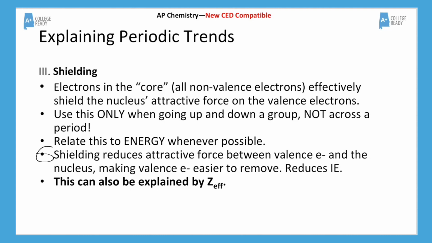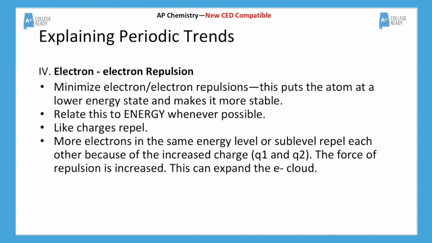In AP questions lately, you tend to be asked to answer these kinds of trends based on Coulomb's law. So I would recommend you make sure you understand how this affects Coulomb's law. Distant valence electrons are not as attracted to the nucleus because of that distance. And shielding plays a part, but it's really not as important to mention.